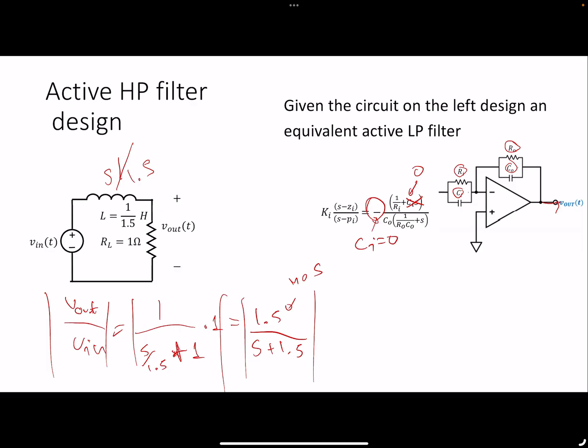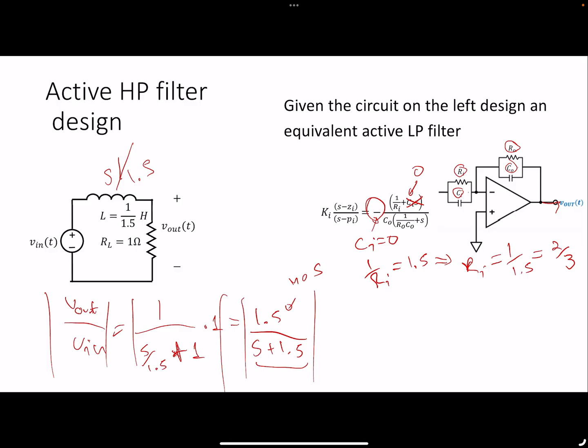And then we also need that 1 over Ri is equal to 1.5, which is going to give us that Ri equals 1 over 1.5, which is 2 over 3. And then once we know Ri, we need to figure out what we need this to be.